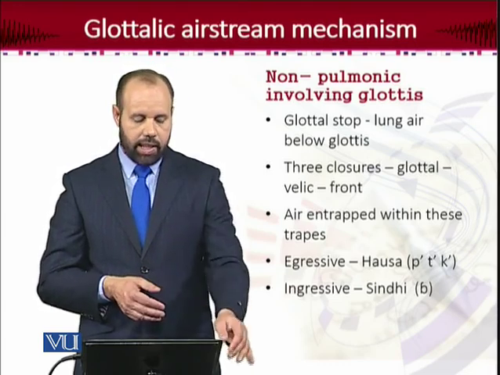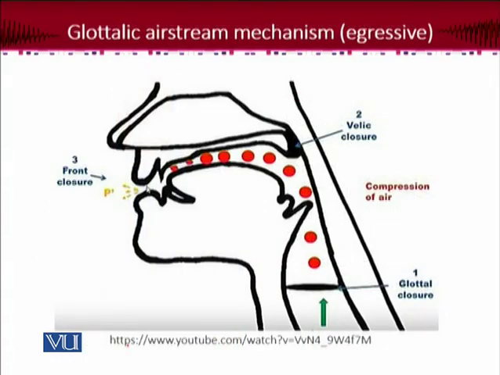And this is the figure which can tell you how this glottalic airstream mechanism is activated, right? So the first closure is here at the larynx, the sound box, or the glottal closure, technically. The second closure is here, the velic closure. And the third is here, right?